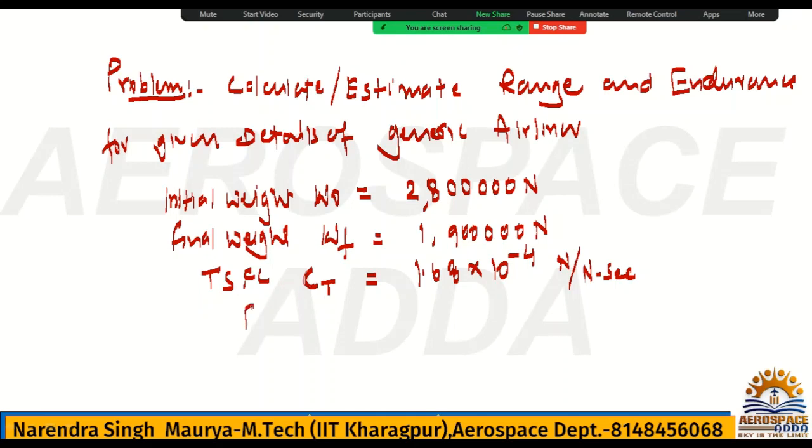Flight air speed V infinity is 900 kilometer per hour. Remember, this is kilometer per hour, so check the unit properly.